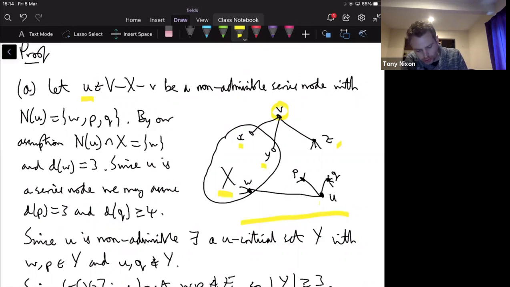U is the non-admissible series node we found outside of X union V, and let's say its neighbors are W, P, and Q. By our assumption, W is in X, and we know that U had exactly one neighbor in X, so the neighbor set of U intersect X is W, and also we assumed that W was a node. So we have all this picture on the right.